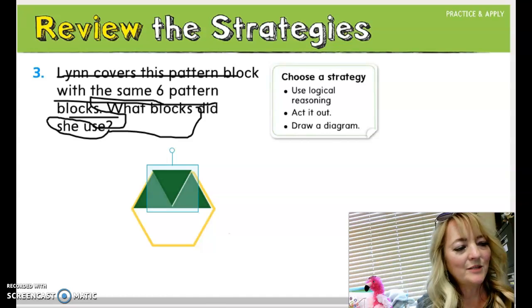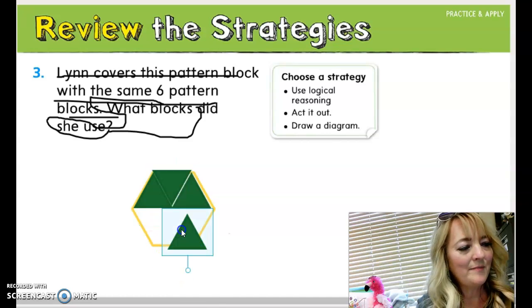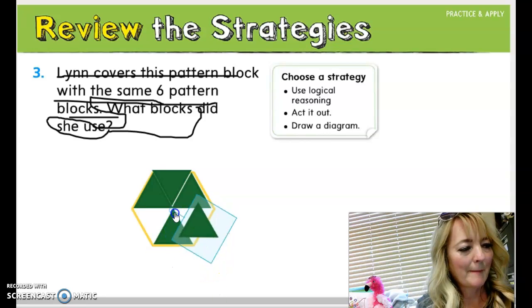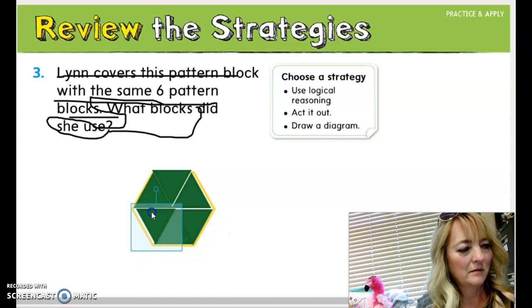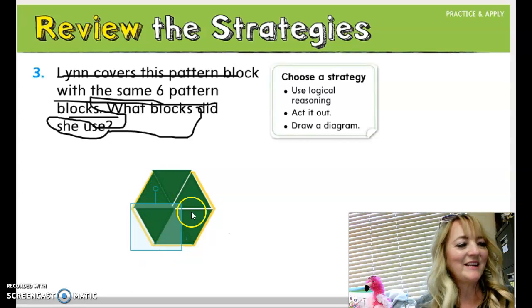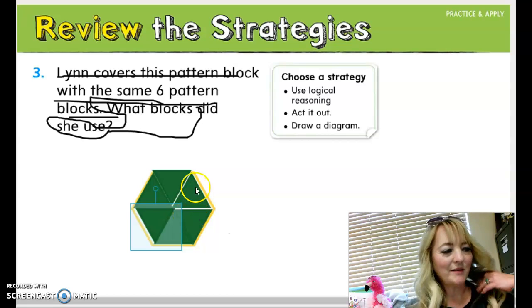Oh, looks like we can just repeat the same thing at the bottom. Okay, and then go ahead and trace around your triangles.